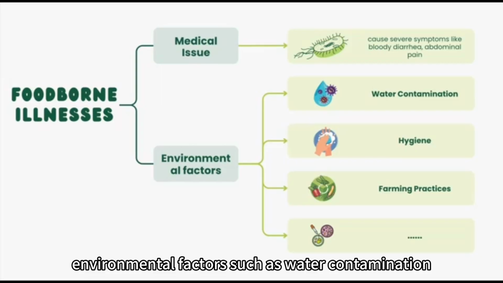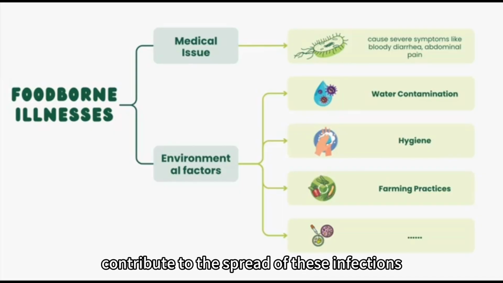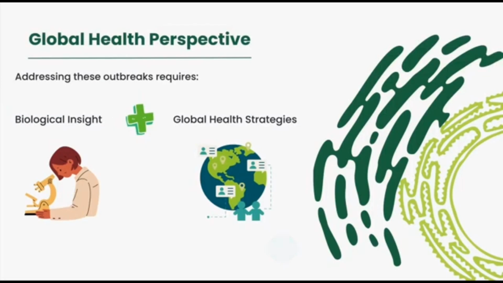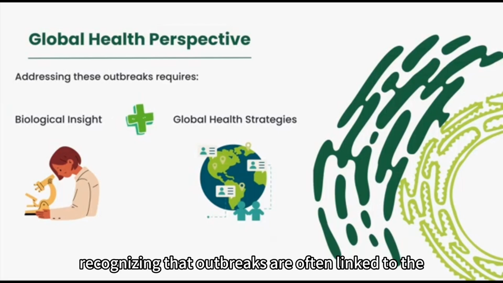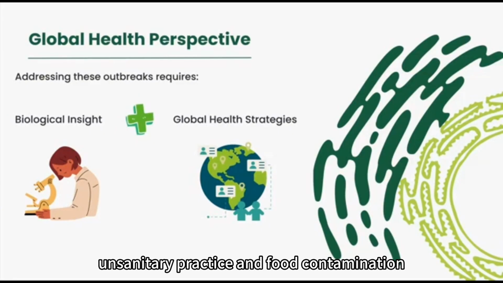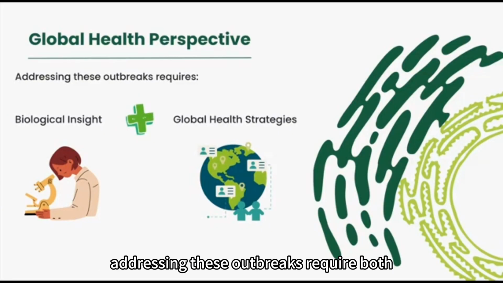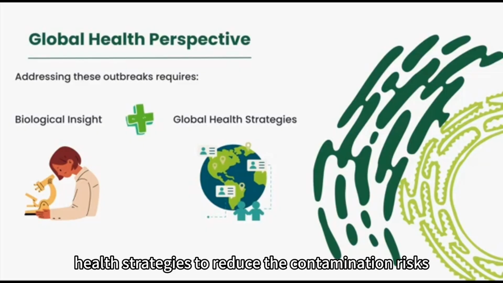Environmental factors such as water contamination, hygiene, and farming practices contribute to the spread of these infections. In global health, we emphasize a connection between ecosystem health and human well-being, recognizing that outbreaks are often linked to unsanitary practices and food contamination. Addressing these outbreaks requires both biological insights and global health strategies to reduce the contamination risks.